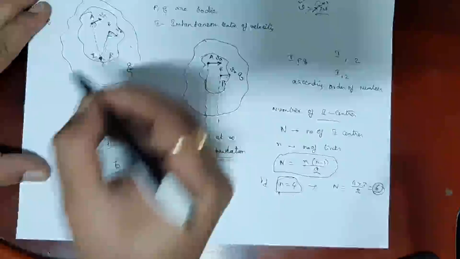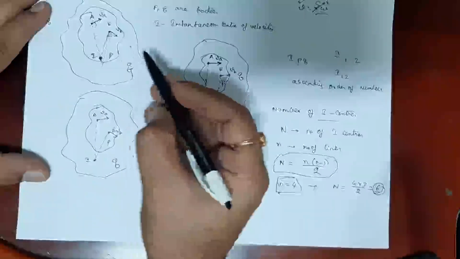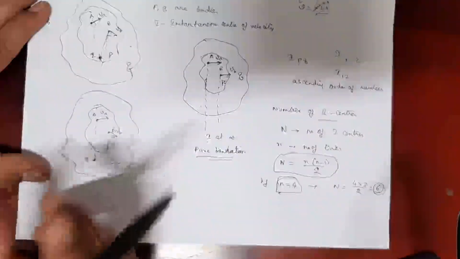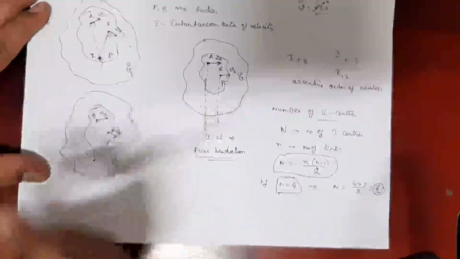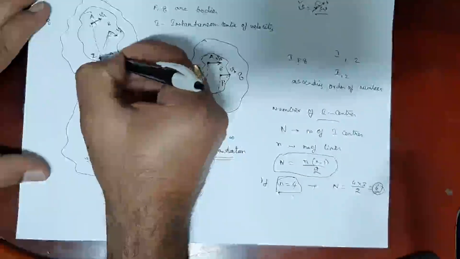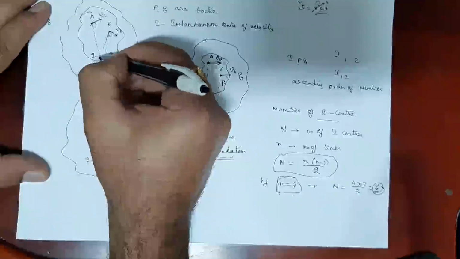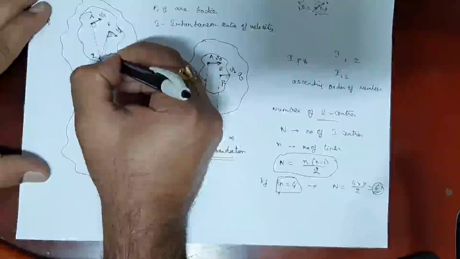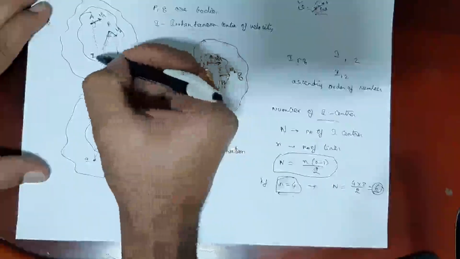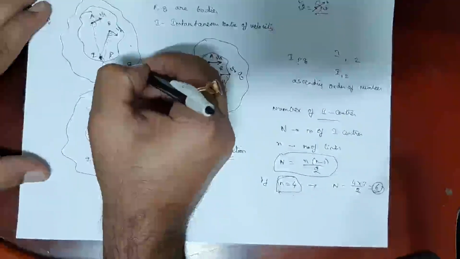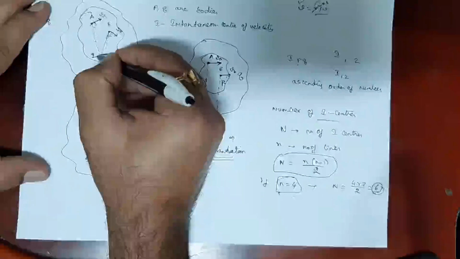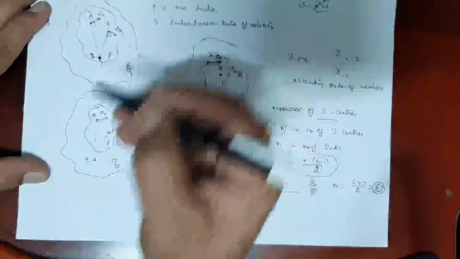That means you can say that at this particular instant the bodies are relatively at rest. Okay, you can say that the bodies P and Q are relatively at rest at this instantaneous center.